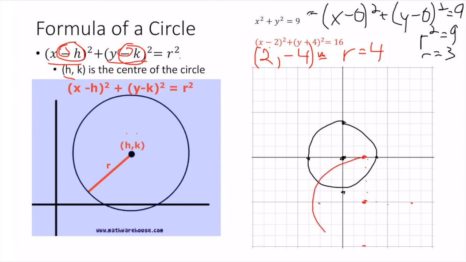So here's my circle. When you're counting the radius, it's easiest to go completely horizontal and completely vertical, and then just connect. You won't be asked to graph one, but this is just so that you can see the visualization of what the circle looks like.